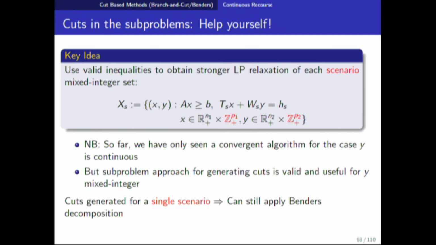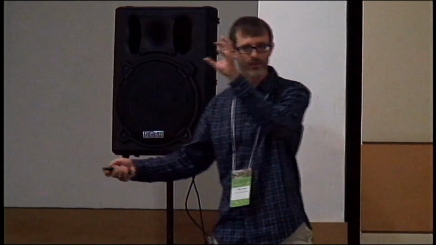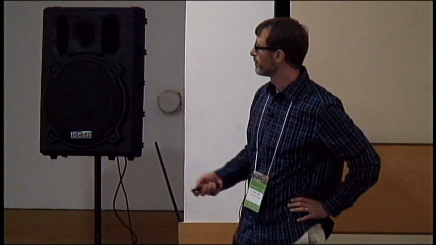And so why am I looking at just one scenario? So I only have one set of y variables and one scenario set of constraints here, is I'm going to generate valid inequalities for this set. So those are going to be inequalities that have x and y as the decision variables for just one scenario s. And in fact, I'll also have to introduce the theta s variable, say, for the objective function.